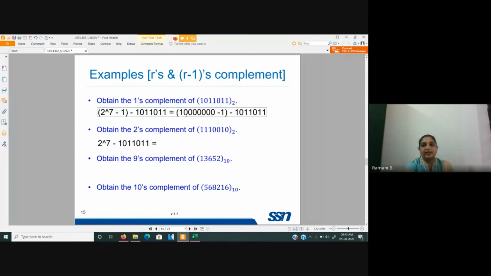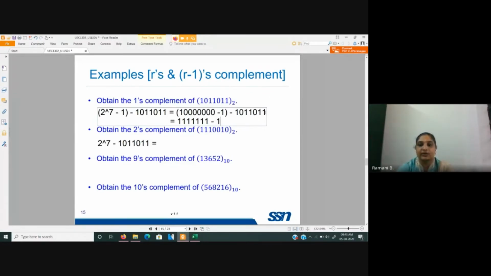Now here again, this 1 followed by 7 zeros minus 1, if you do the subtraction, you will actually get 7 ones. 7 ones will be the result of this 2^7 minus 1 subtraction.